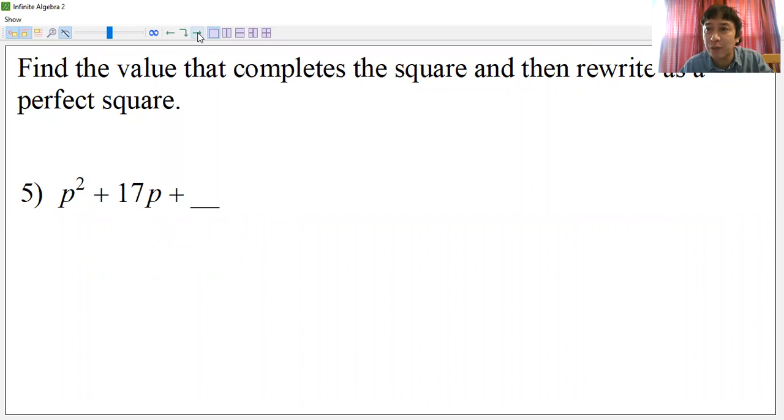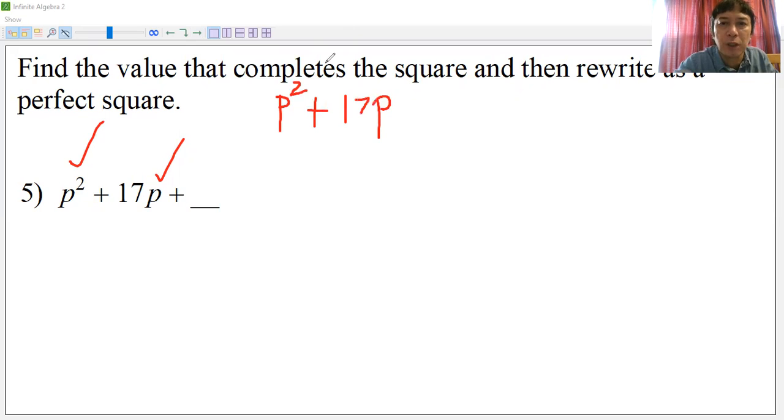I'm going to show you that the number beside the first degree letter, that's degree 1, this is degree 2, the coefficient of the first degree is not always divisible by 2, just like in this particular problem. We have p squared plus 17p.